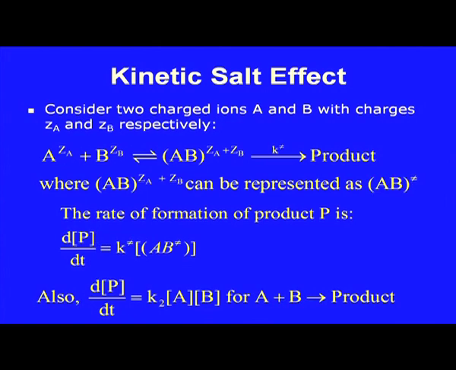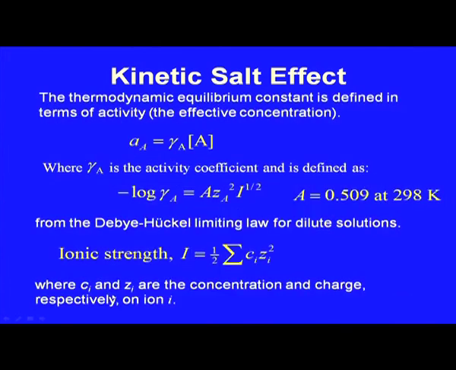Okay, and in a separate way we have also used the formula dP/dt is k2[A][B]. So you have compared this rate and that rate, because these two rates must be equal, since we are discussing the same reaction. From that we used the activity concept, because the activity concept is useful when the solution is concentrated, but for dilute solution you can use concentration.